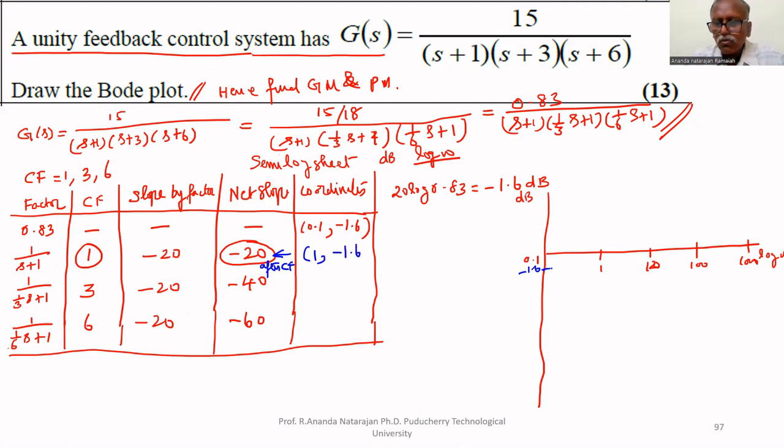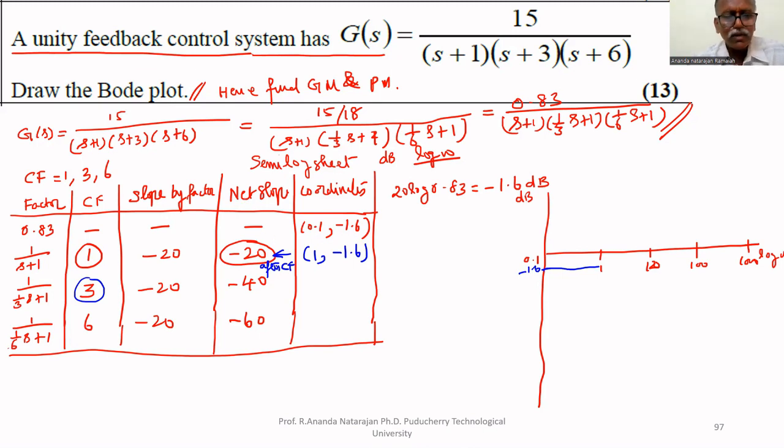After that, up to 3, it decreases at the rate of minus 20 dB per decade.